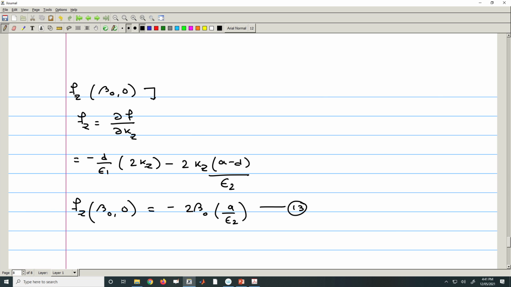Now, we will substitute equations number 11, 12 and 13 in equation number 10.